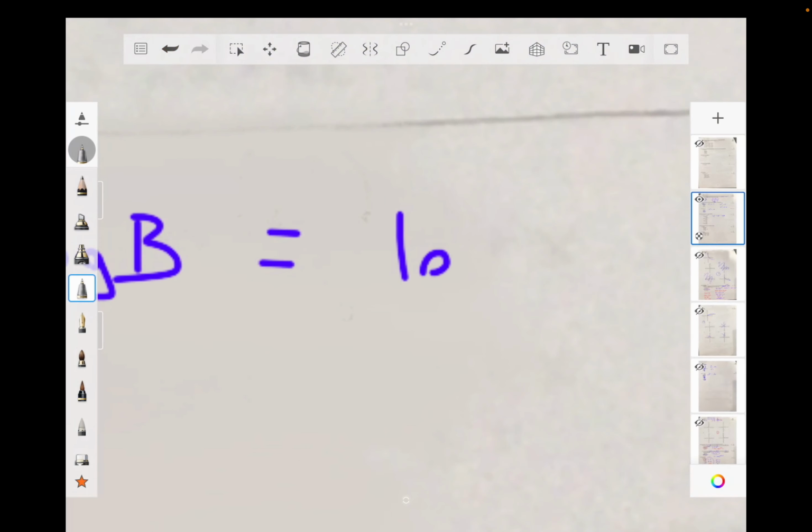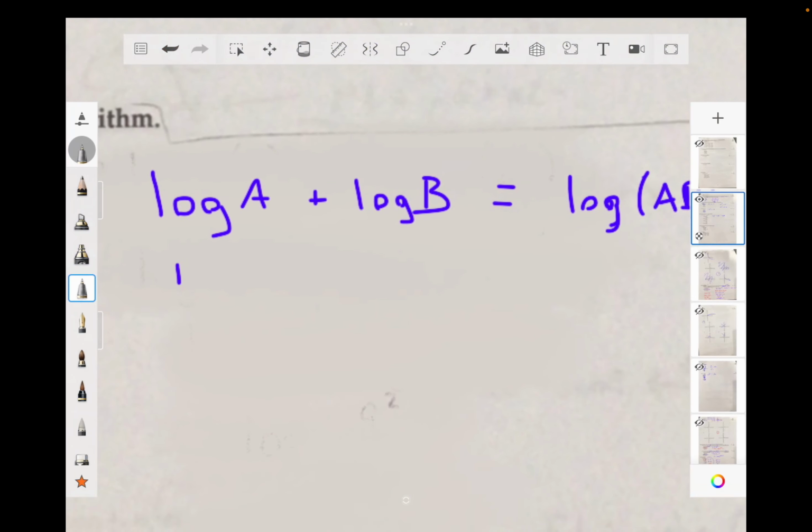It's going to be log A times B, that's what it is. For log A minus log B, it's going to be the one I said, which is log A over B.